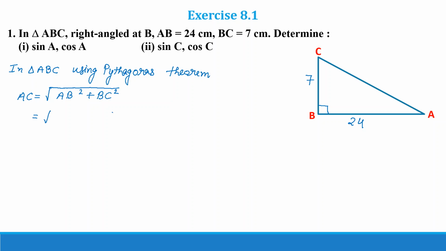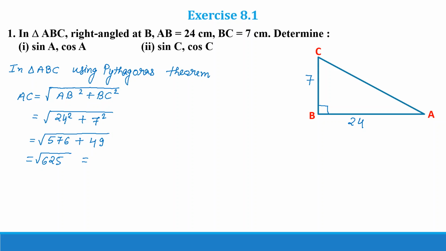Now we know the numerical values of AB and BC, which we substitute over here. So we write 24 square plus 7 square, and then it will be equal to the square of 24, which is 576, and square of 7, which is 49. When we add both of them, we will get 625.